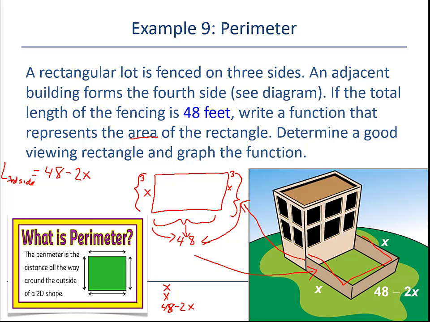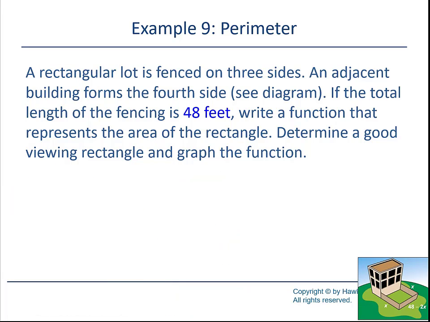We move to the next slide to get a little bit more room, so you might want to pause and write down anything you need to keep. So, we've got a rectangle. Here's our rectangle. Remember we said the two smaller sides are x, and this side was 48 minus 2x.